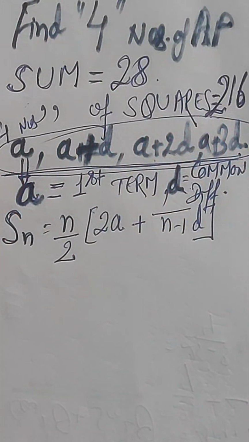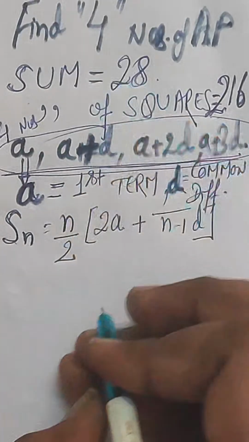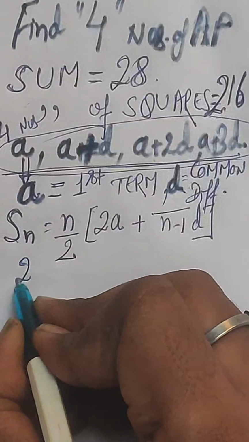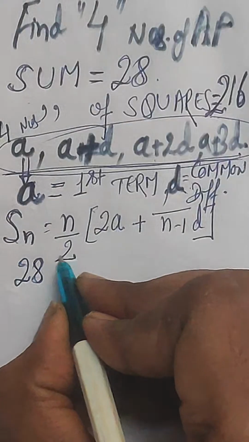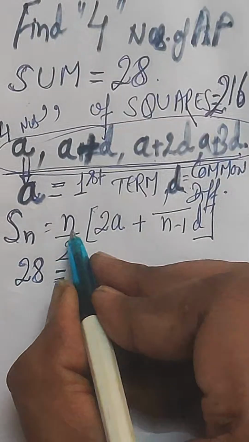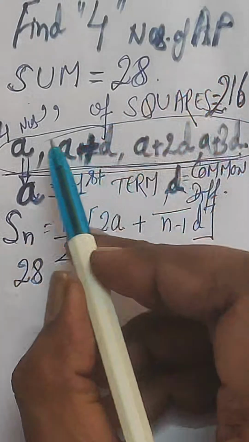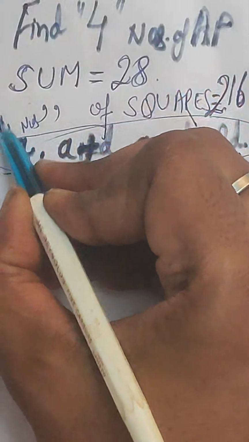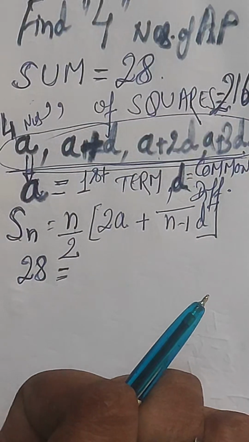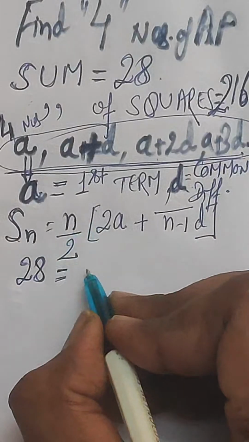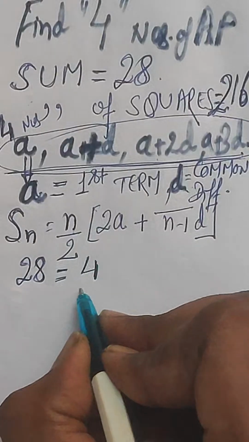The sum of n terms is given as 28, so put it over here: 28 equals, and what is the value of n? Since these are four numbers of AP, in place of n we can write 4.